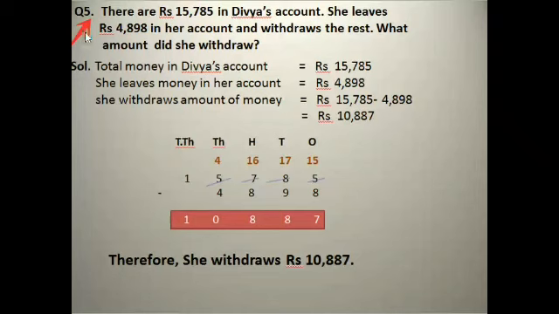Question number 5. There are rupees 15,785 in Divya's account. She leaves rupees 4,898 in her account and withdraws the rest. What amount did she withdraw? Amount in Divya's account is rupees 15,785.